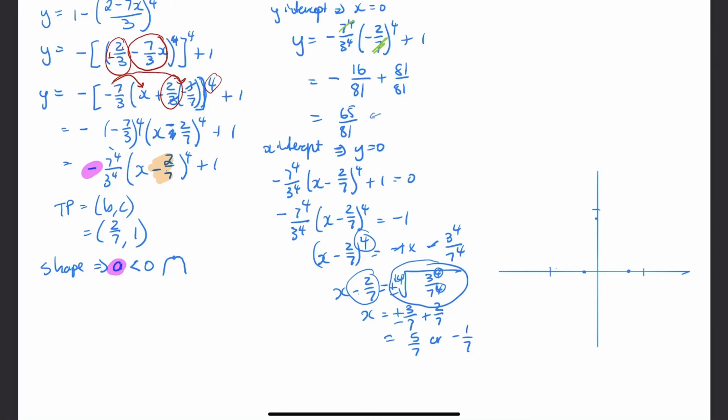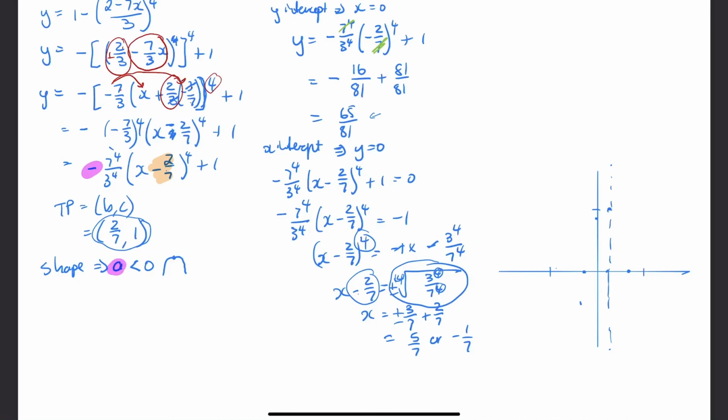My turning point is going to be when x is 2 over 7. Now 2 over 7 should be halfway between these 2 points. So halfway between these 2 points is going to be 2 over 7, which is here somewhere. So this is where my turning point is going to be, and where y equals 1.